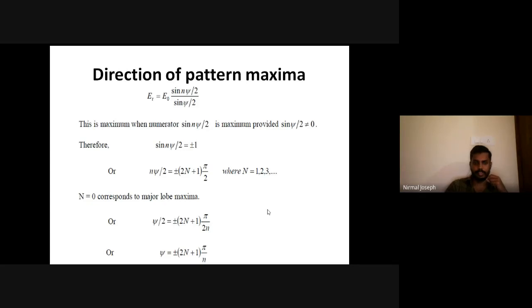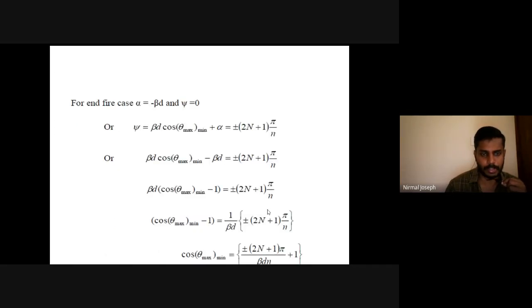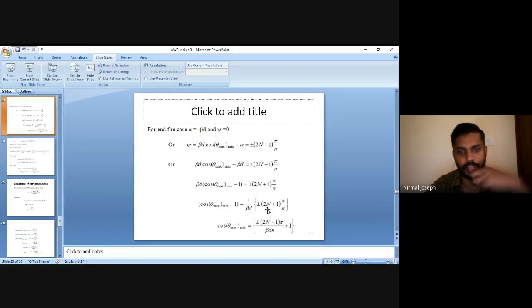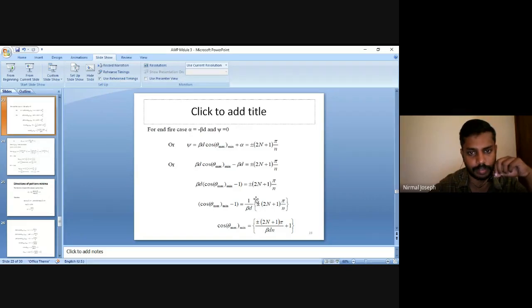Just go through the steps. Same steps only. Here there is only one difference: we are substituting alpha equal to minus beta d instead of alpha equal to 0.